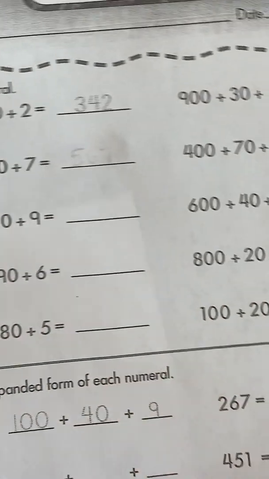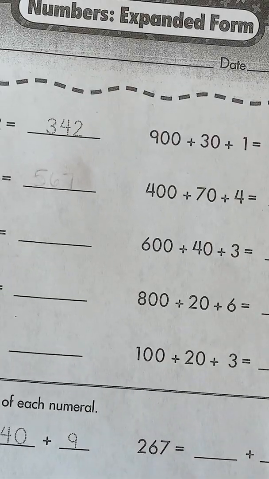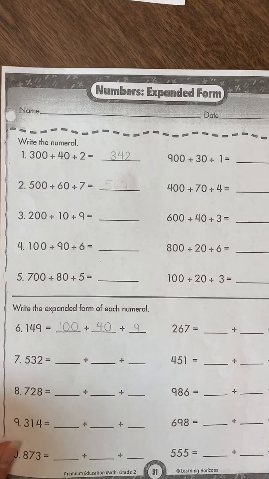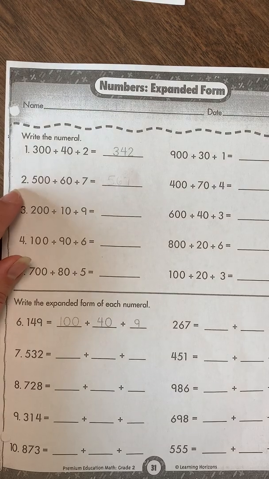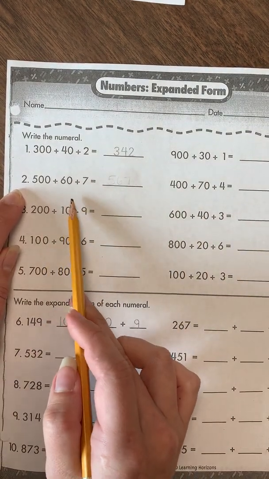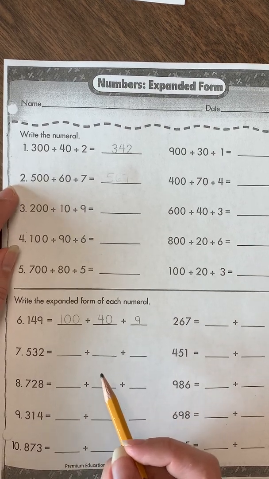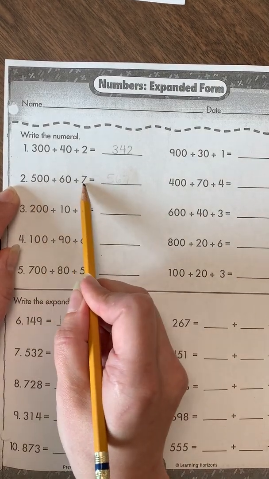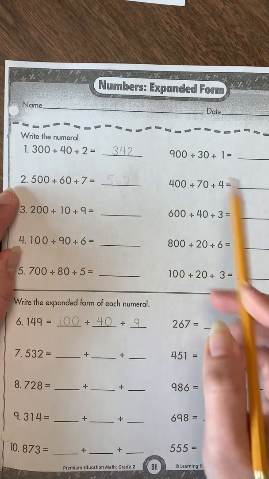Now let's do some more practice. Find the sheet. Should look like this. We are going to write the number for the expanded form first. We just did this on our paper. Notice we are only adding 3 digits together.